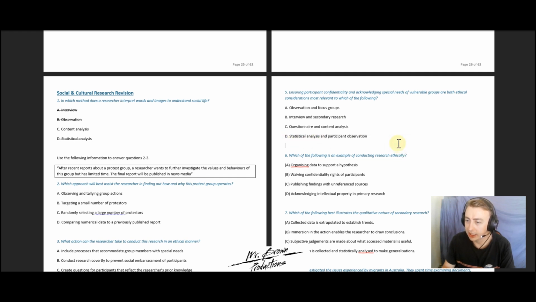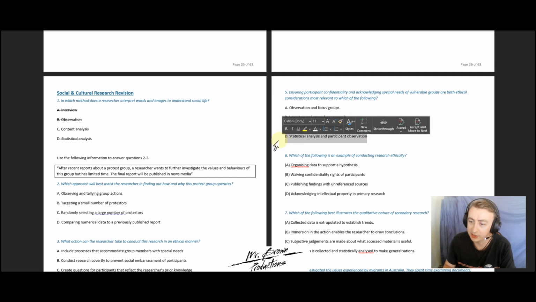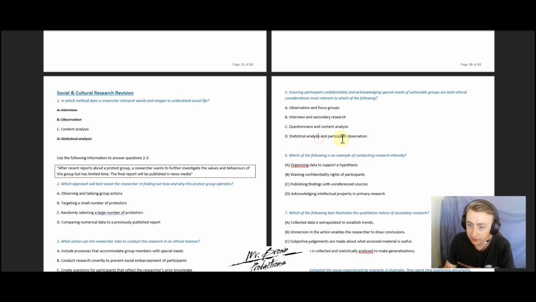I don't have any participants in that. I'm looking at data trends and extrapolating them into a graph or something. So straight away I know the answer can't be D, because it has to meet the conditions of everything. It's definitely true for participant observation on both accounts, but it's not true for statistical analysis, so I've got to get rid of that.